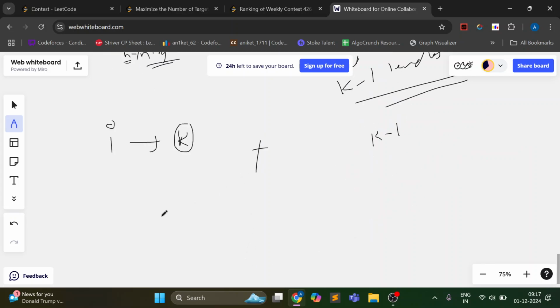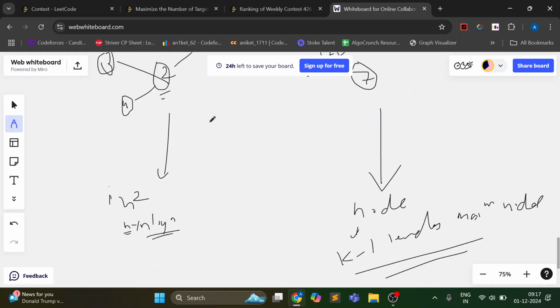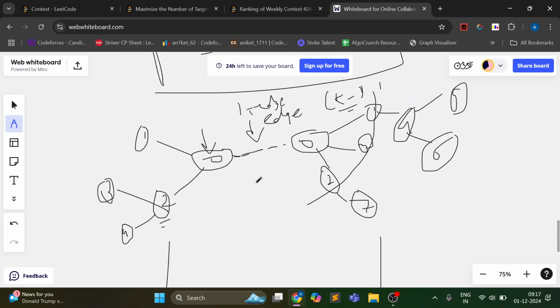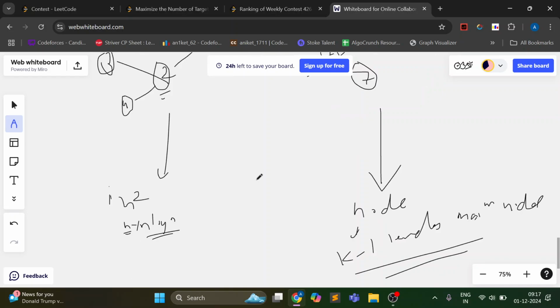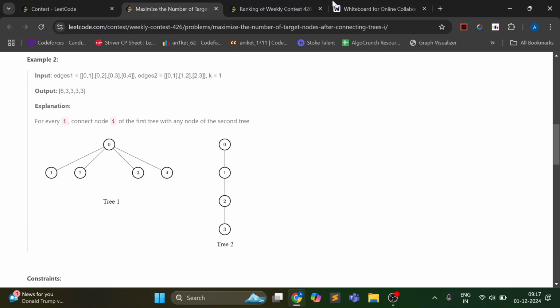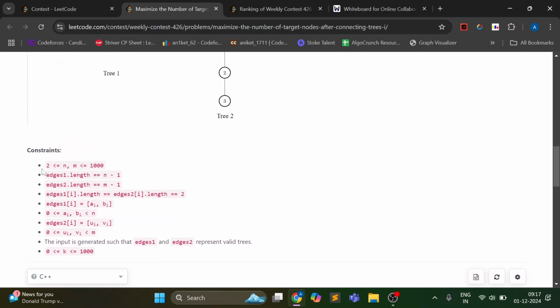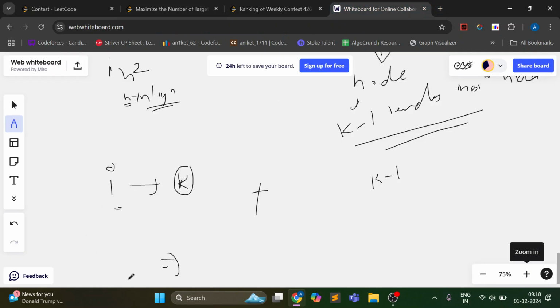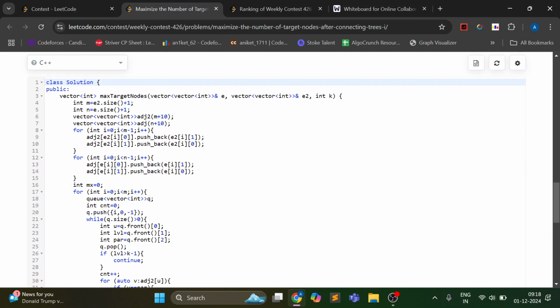And this sum would be the answer for the ith element. So this is the overall observation. For the first tree, contribution up to level k. In the secondary, contribution up to level k minus 1. And the constraints are low, so I didn't try to optimize it. I just wrote a naive approach.